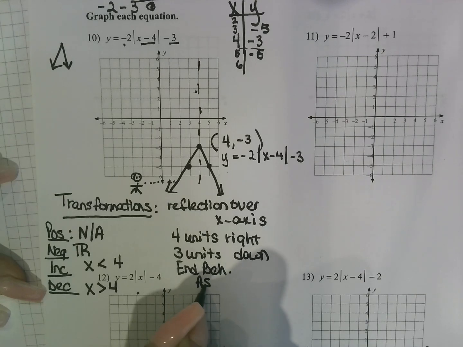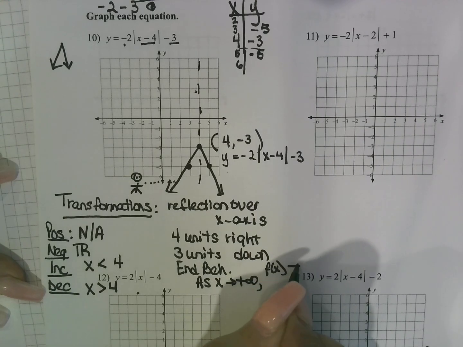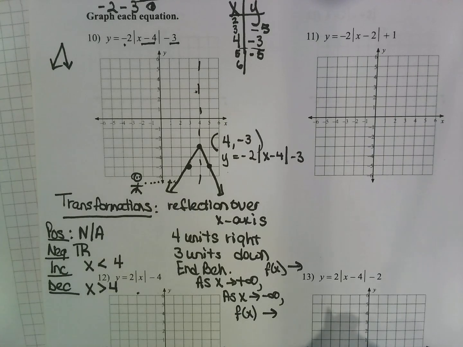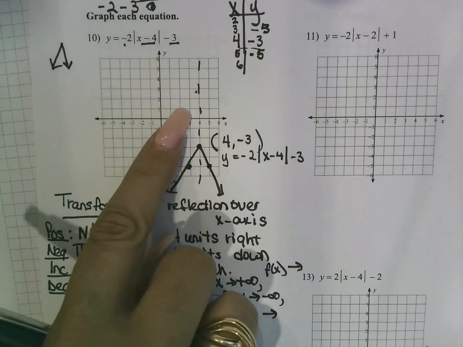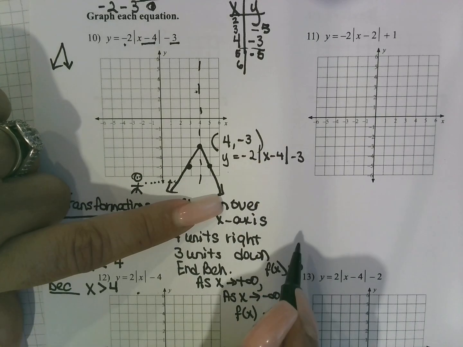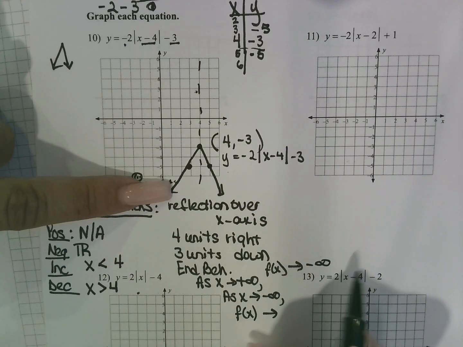Okay? And the last thing we need is end behavior. I'll give you as x goes to positive infinity, and you need to tell me where the function's going. And as x goes to negative infinity, again, you're going to tell me where the function is going. So as x goes to positive infinity, our function is going down, to negative infinity along the y-axis.